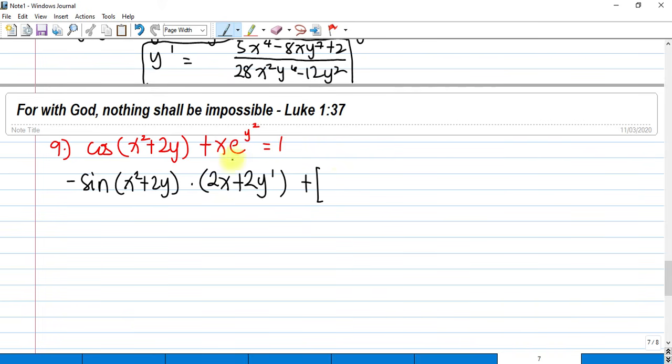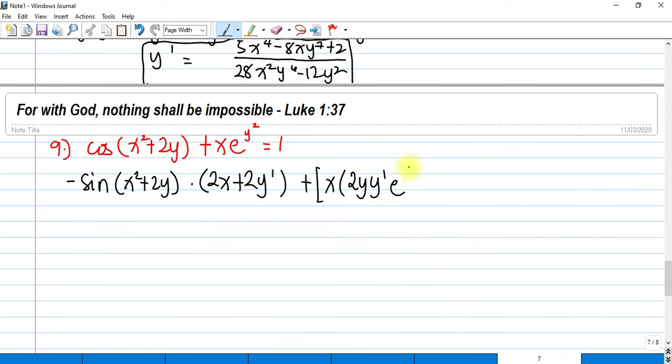So we have to use the product rule for that. So we have x, copy the first, and then differentiate the second, u dv plus v du. We have dv here. So we have 2y y prime because the derivative of the exponent of e, which is y squared, should be 2y y prime.